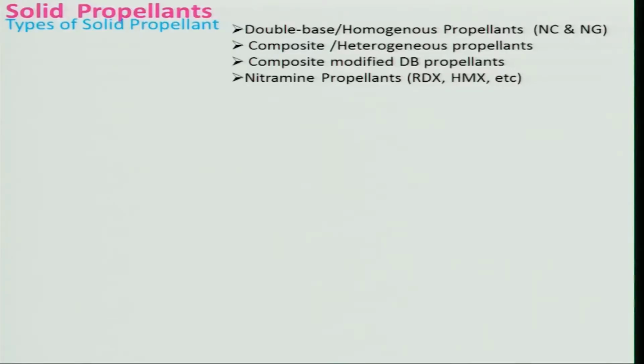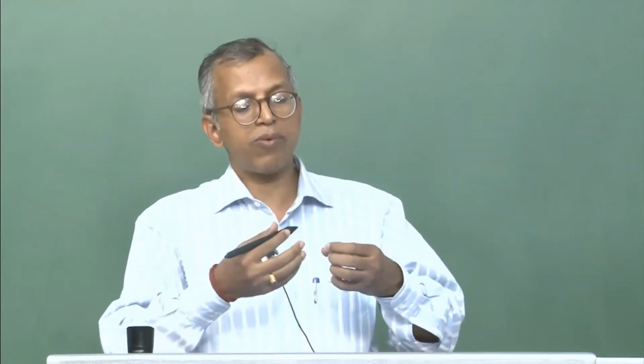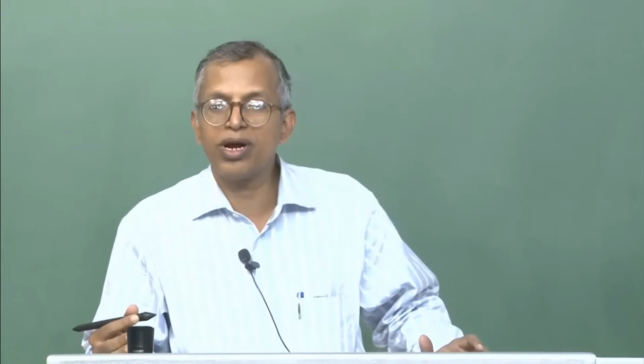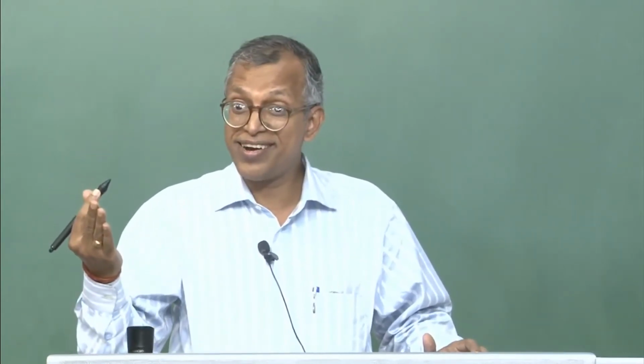Composite is the heterogeneous propellant, right, which will be having their own identity. Suppose there is a fuel and there is an oxidizer, I am talking about solid propellant, they will be together. It is like the mortar you use for concrete making, right.